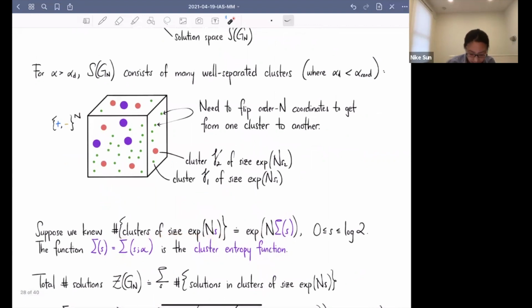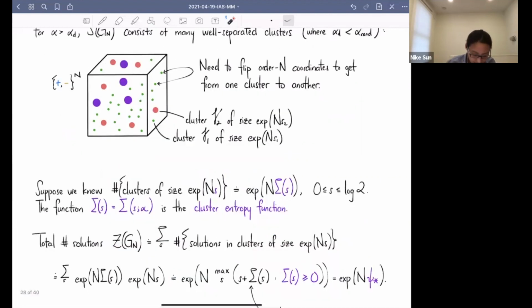So for example, for the total number of solutions, you would just sum over the values of s the number of solutions which are contained in clusters of that particular size. This is the number of clusters of that size, and then this is the size of each one of those clusters. And so s goes over this limited range of values, and these are on the exponential scale.